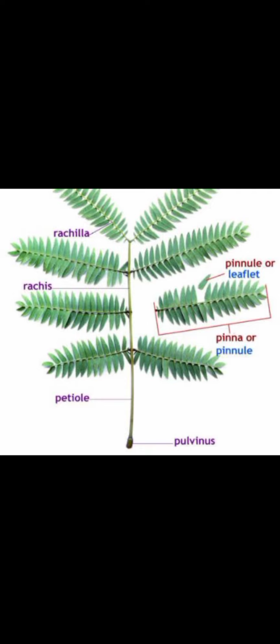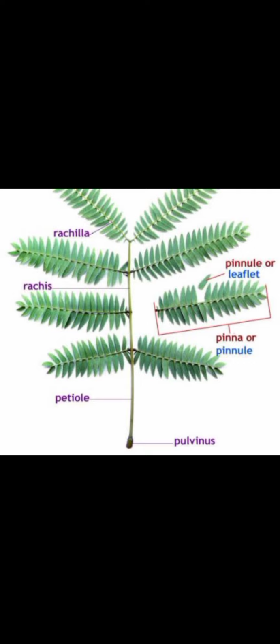This is in case of a dicot plant, that is a leguminous plant. There is a compound leaf, a bipinnately compound leaf, okay? Can you see the leaf base? It is swollen. Such a leaf base is called a pulvinous leaf base, okay? And there is a stalk called the petiole.